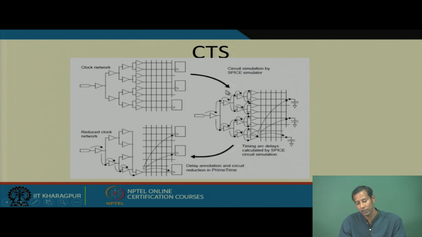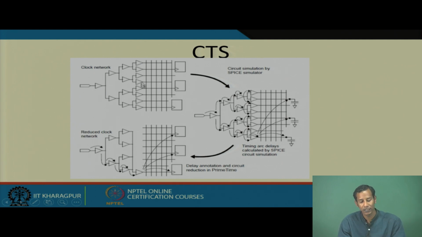Then this circuit will be extracted through the SPICE simulator and it will try to optimize. As this is 1, from 1 it is connected with 2, then again with 2. So it creates this type of mesh for the clock network.